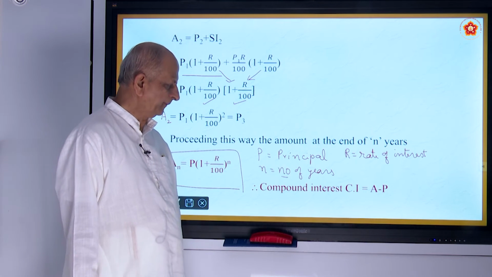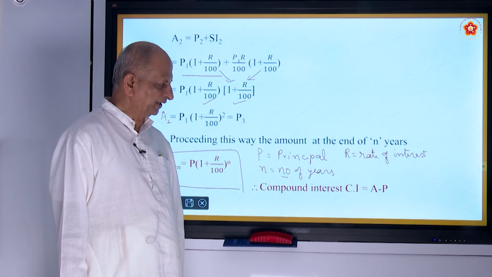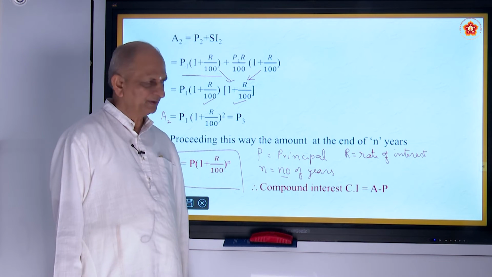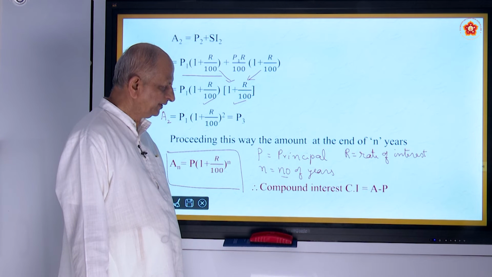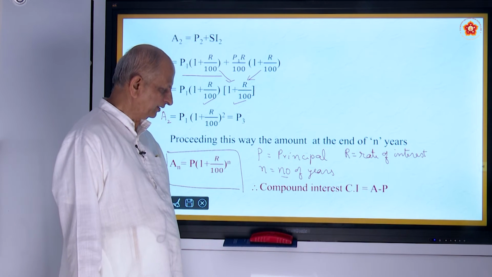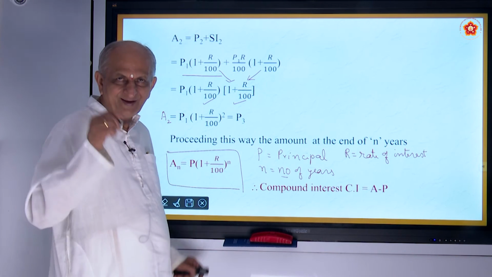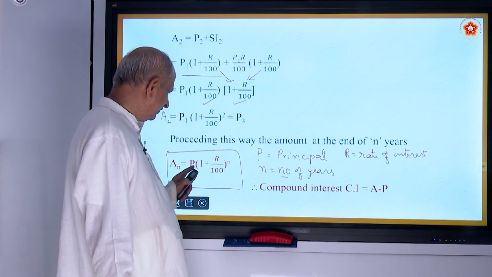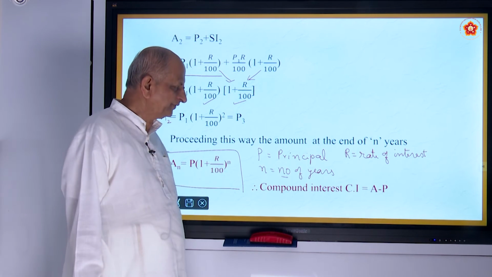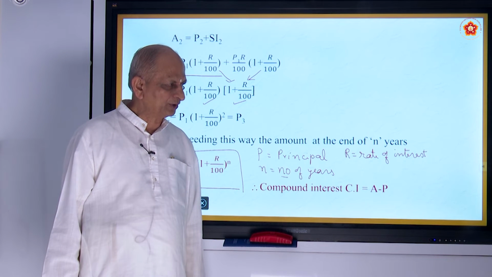So compound interest is equal to A minus P. What is A? A is amount. What is P? Principal. So can you remember this formula? At least 10 times you must say it, correct? P into 1 plus R by 100 to the power of n. So what have you found out now?